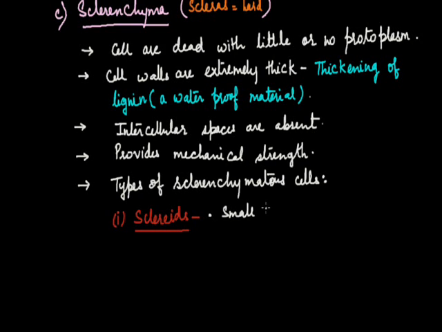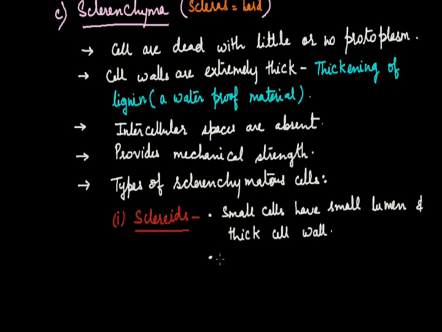So they are small cells having a small lumen and thick cell wall. They are also known as stone cells or grit cells.